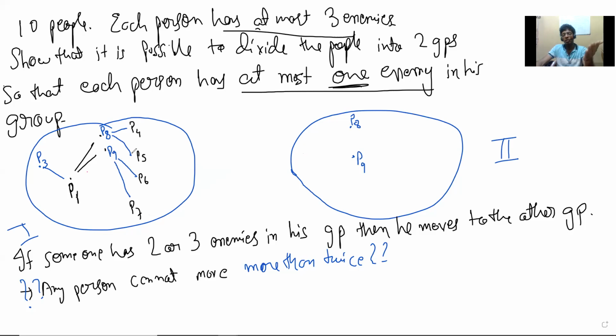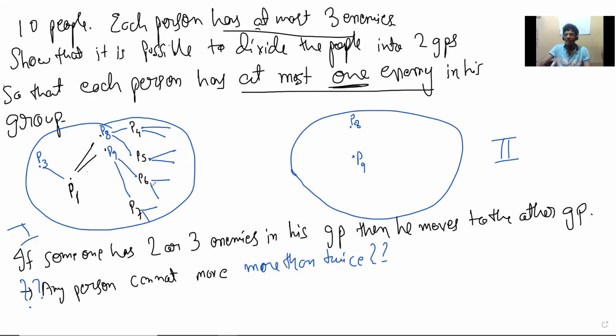So let's say that the P4 and P5 have 2 more enemies in their own group. It could be more than 10 numbers, right? Your problem is true for more than 10. And let's say that all of these had, so I see it needs more than 10, but just bear with me.